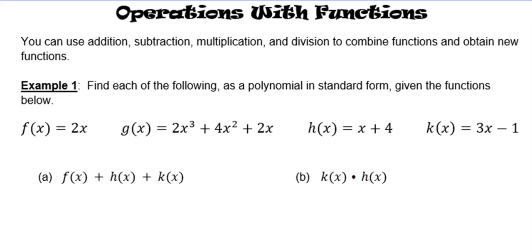So, example 1, find each of the following as a polynomial in standard form. Before we go on, I just want to clarify what that means. A polynomial is just a string of terms written from high to low power.